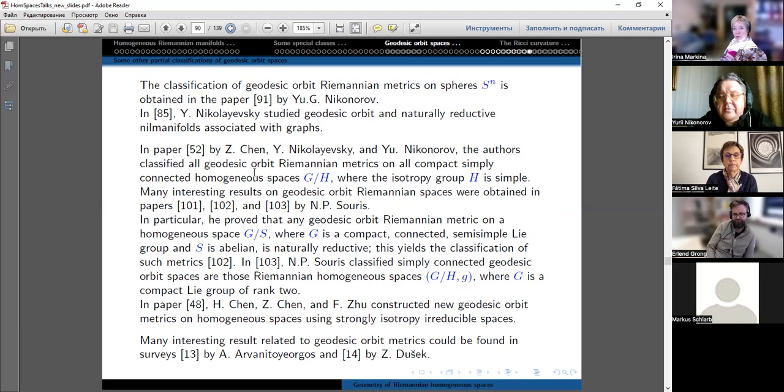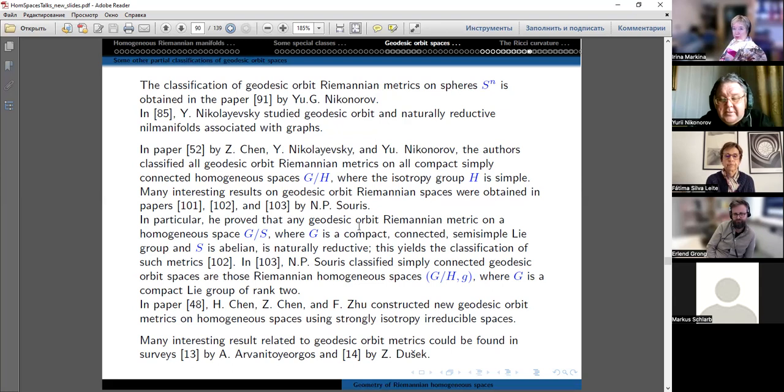It's quite a serious part of general homogeneous spaces. The restriction is only on the isotropy subgroup. It should be simple. All such spaces are studied, and we know all geodesic orbit metrics on such spaces.